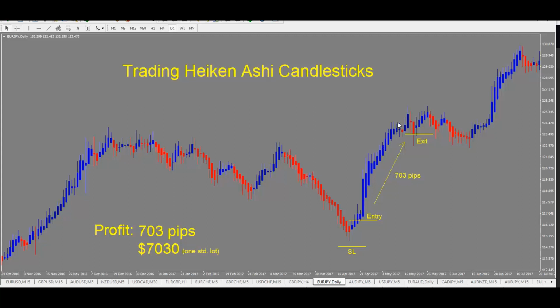Once we start to see pin in the opposite direction here, that gives us a caution, a warning. That means we could see a trend change here. And as we see two candlesticks in the opposite direction, red candles here, that's time to exit the trade.